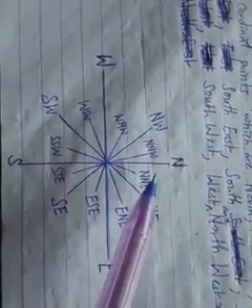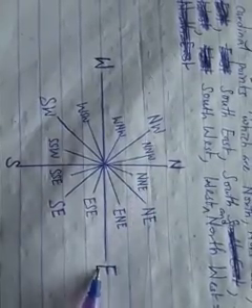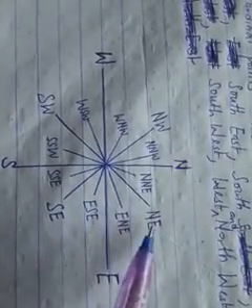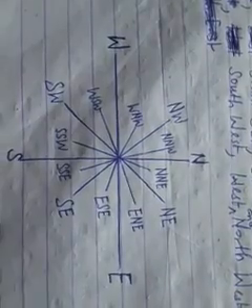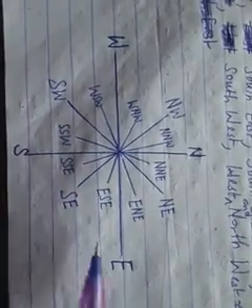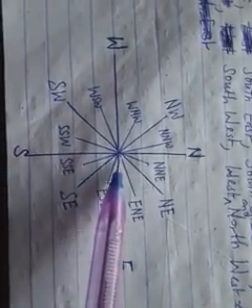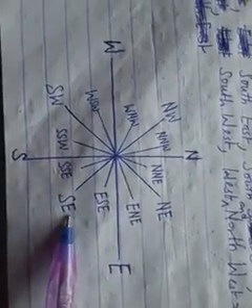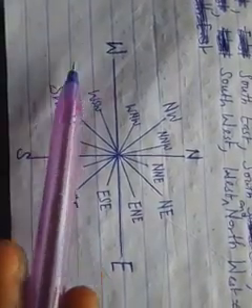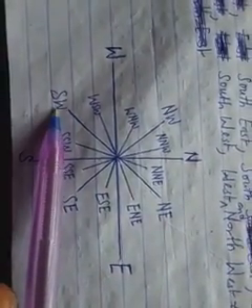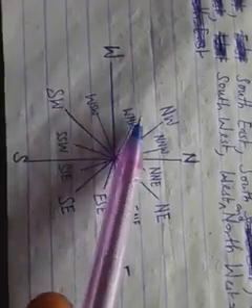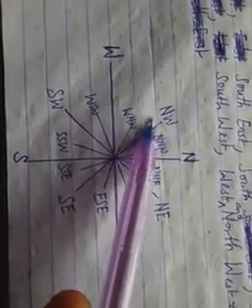Now, in between the north and the east is called the northeast, and in between the south and the east is called the southeast. Also, in between the south and the west is called the southwest, and in between the north and the west is called the northwest.